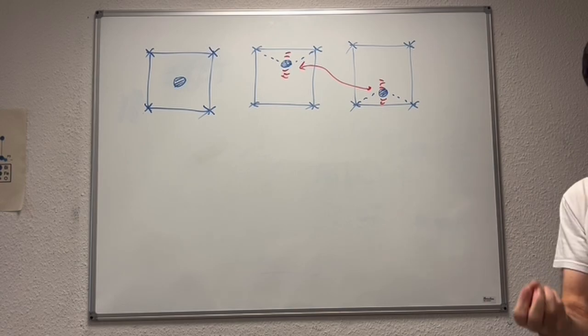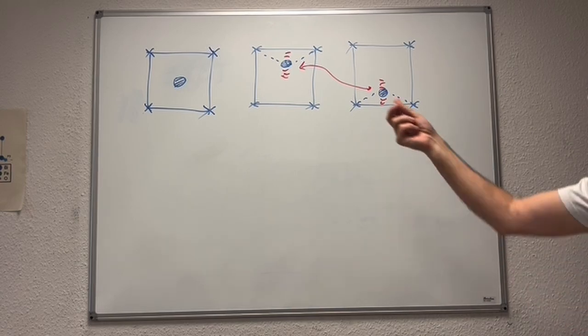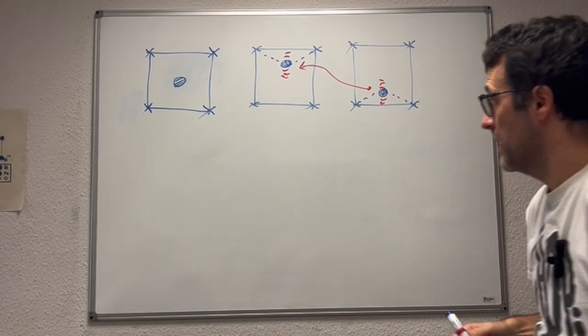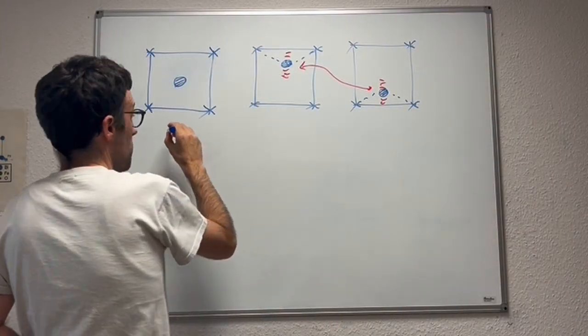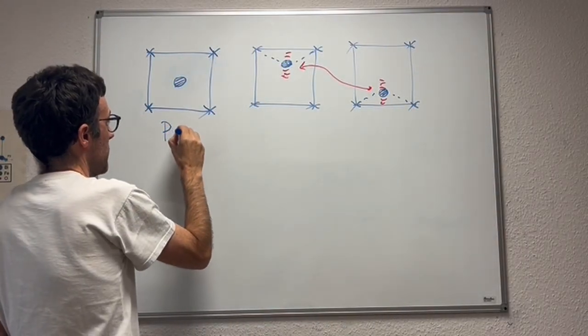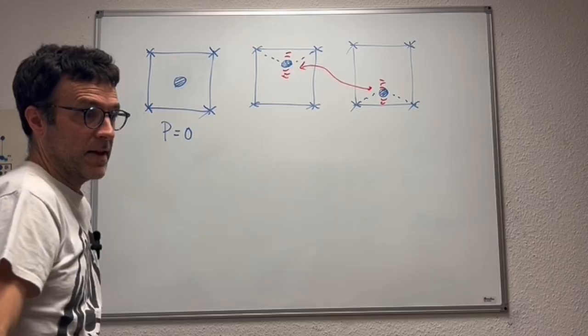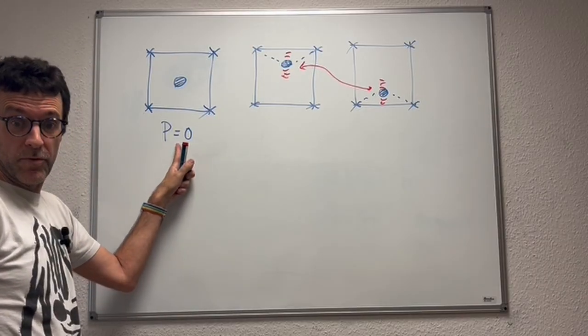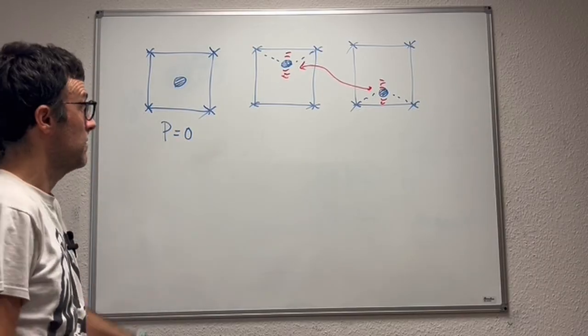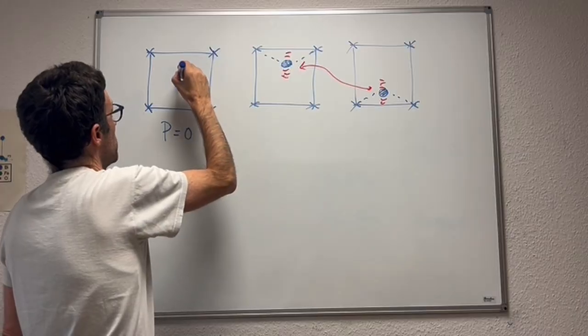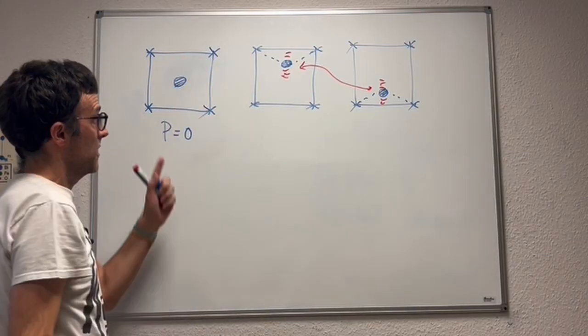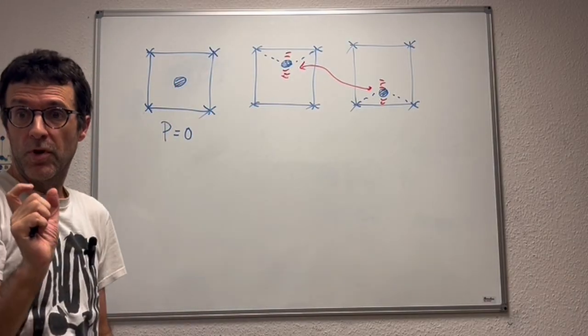We can introduce a variable that quantifies this distortion, right? I can introduce a variable that I'm going to call P, such that P is equal to 0 for this state. Okay, P is essentially going to measure how much the central atom moves off center.